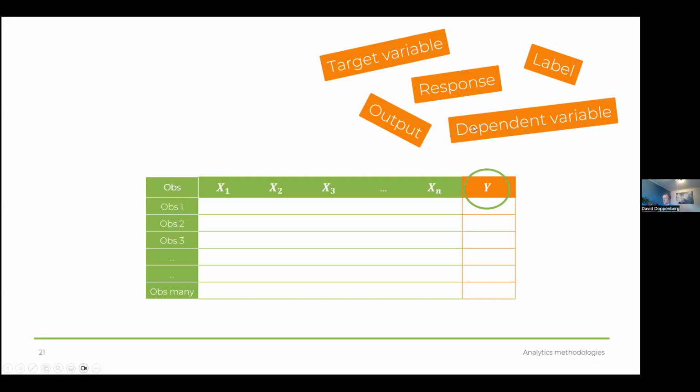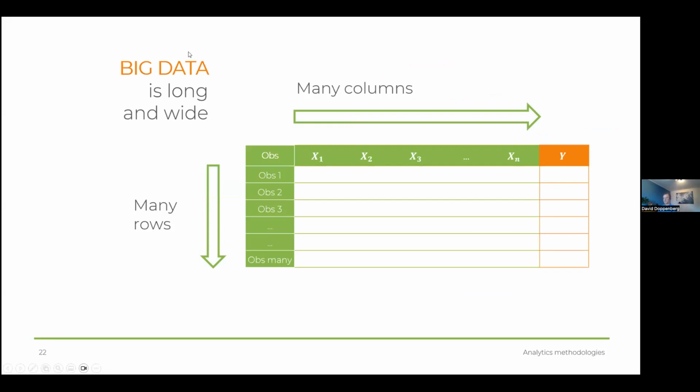If you're more from a statistical background, this will typically be called a dependent variable. When you're talking about classification, you typically talk about labels. But again, these things are basically the same, so be aware of that. And when we're talking about big data, it's basically just that you have a lot of columns here and a lot of rows.